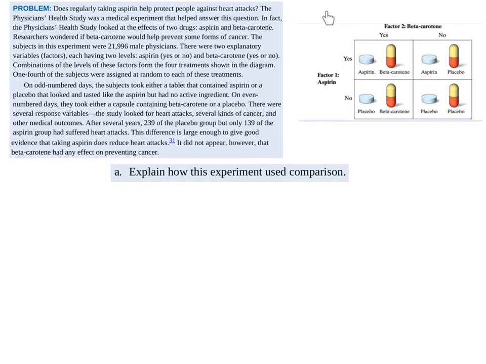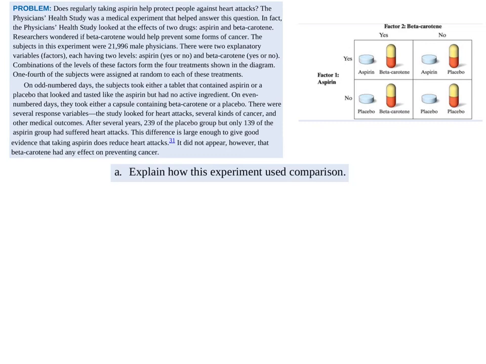So as promised, here is our lovely diagram where factor 1 was aspirin and factor 2 was beta-carotene. And if they had both, yes and yes, they took both aspirin and beta-carotene, and then any other combo of yes and no, or no and no, would mean some combo of a placebo and the actual aspirin or beta-carotene, or both placebos. What fun.